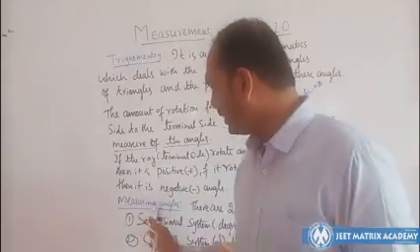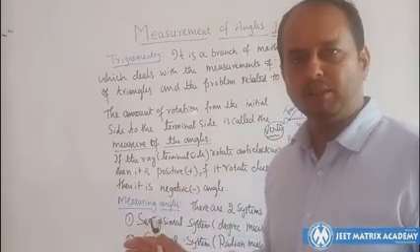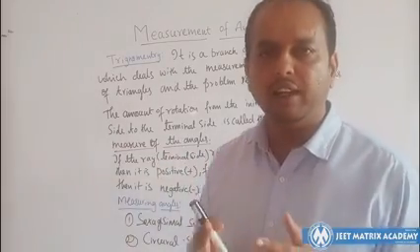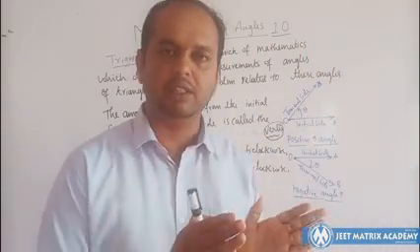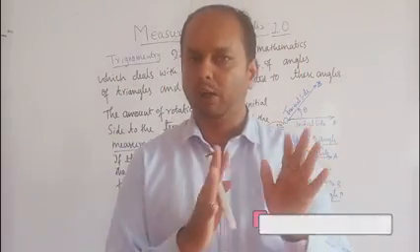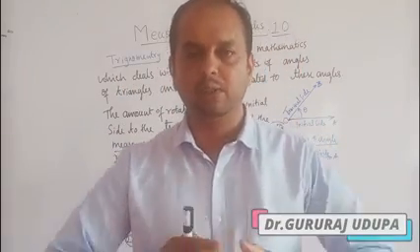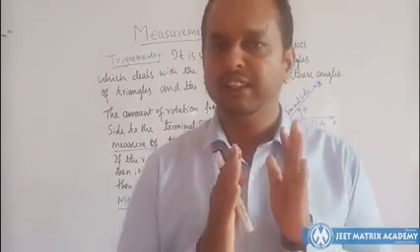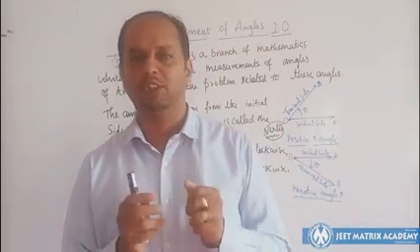Conversion of one system to the other is most important. You will realize the importance of this chapter slowly, and we will deal with all the competitive problems in this chapter, so that your understanding of first year trigonometry will be very simple and very strong.